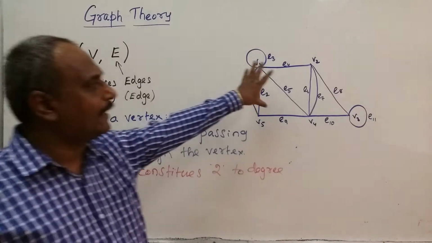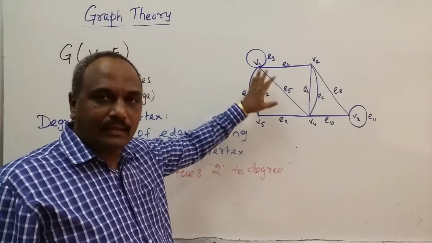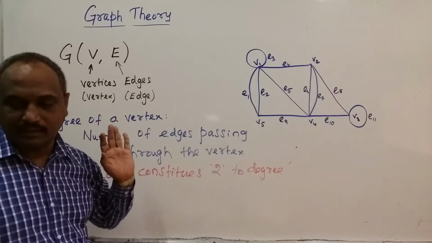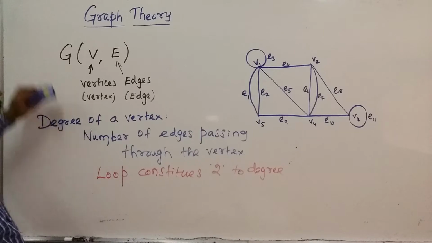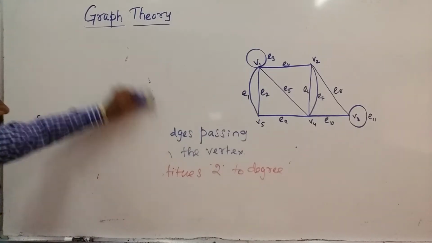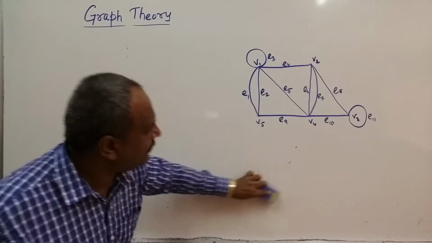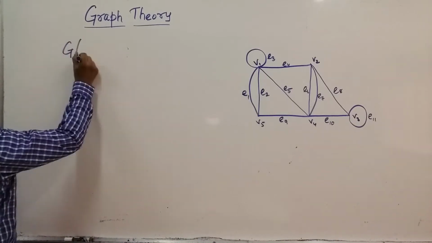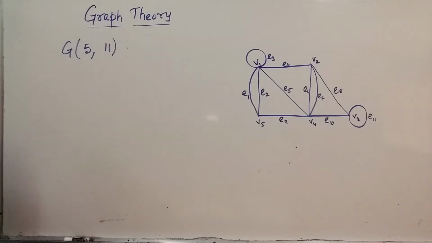Now, for this diagram, I am going to find the number of vertices, the edges, and then the degree of each vertex. So how can we represent this graph? The graph representation is G. I have 5 vertices and 11 edges, isn't it?